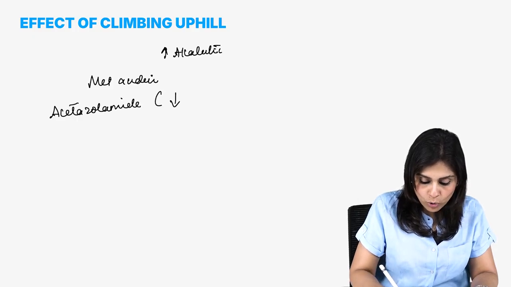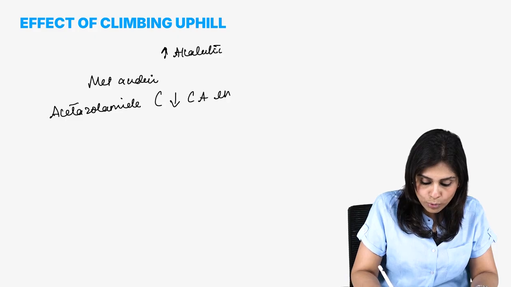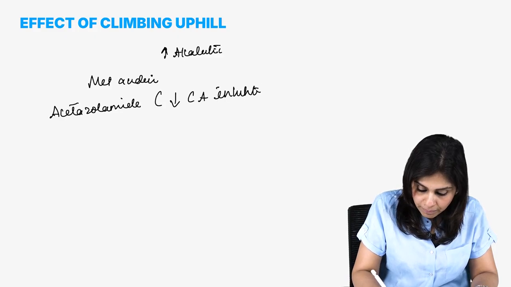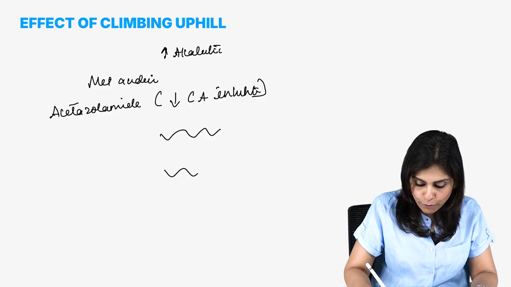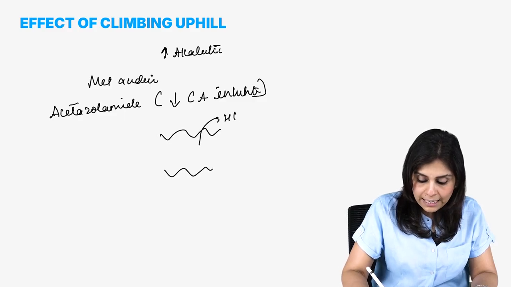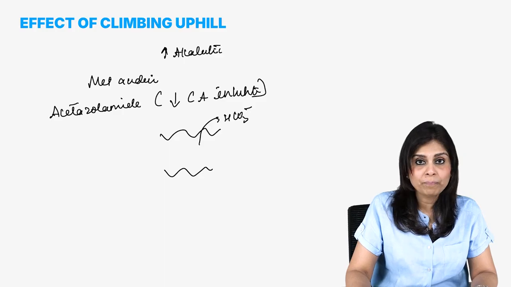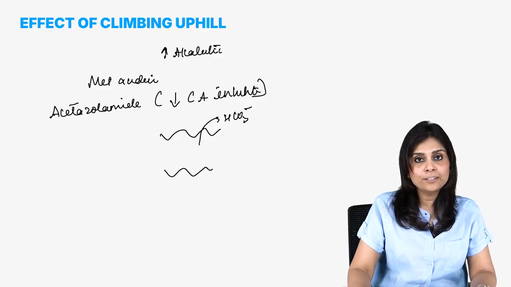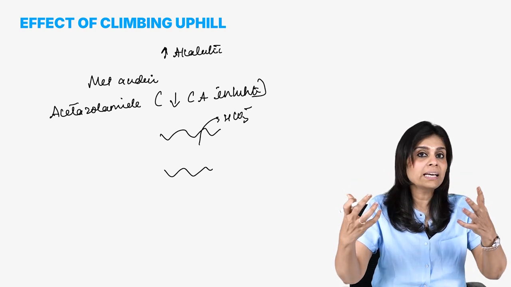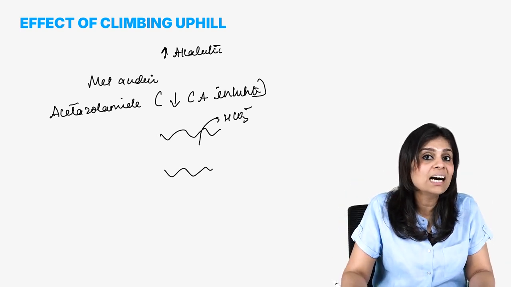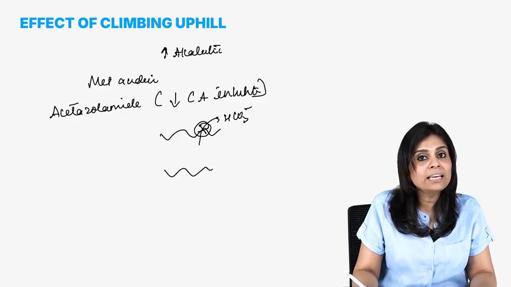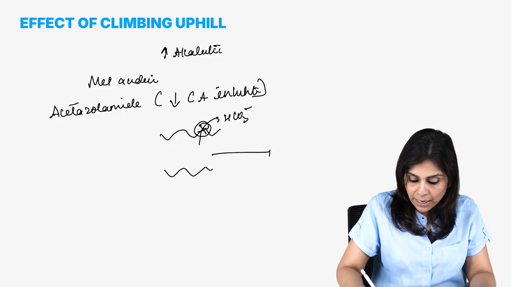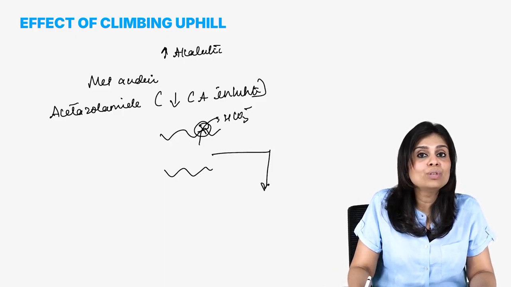So how does acetazolamide cause metabolic acidosis? Because as you all know, acetazolamide is a carbonic anhydrase inhibitor. And this carbonic anhydrase is responsible for bicarbonate reclamation in the PCT. The proximal convoluted tubule reabsorbs all bicarbonate with the help of carbonic anhydrase. So acetazolamide does not allow bicarbonate to be reclaimed, and bicarbonate will be lost in the urine.